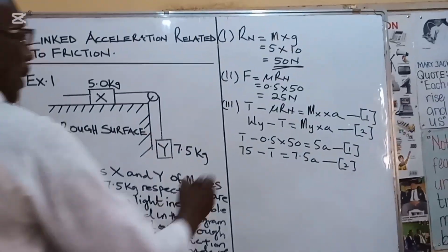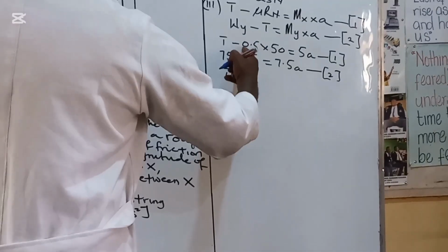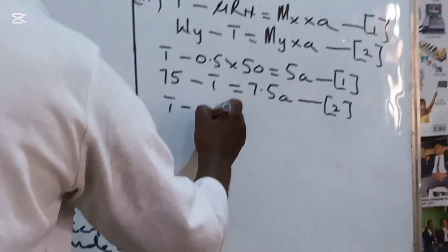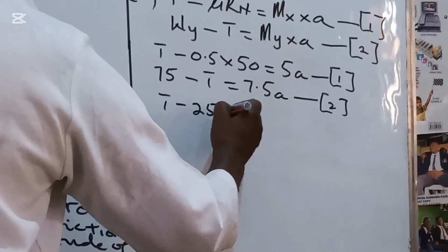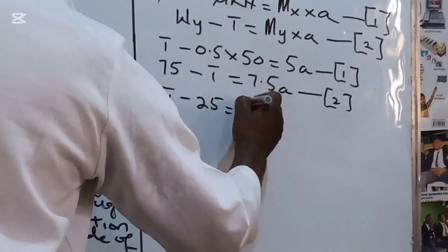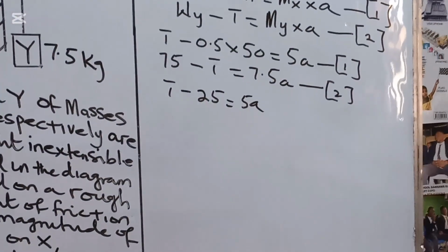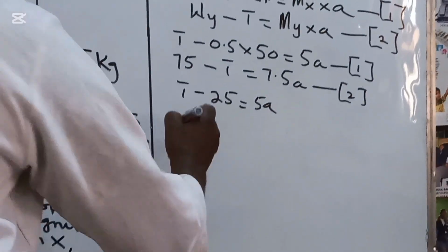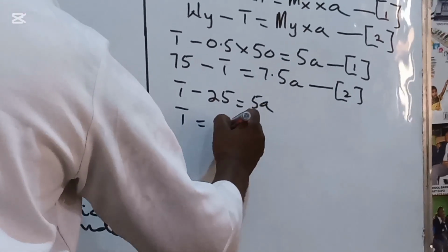Now let's see. From equation 1 we have T, 0.5 times 50 will give me minus 25. Is equals to 5A. Are we together?